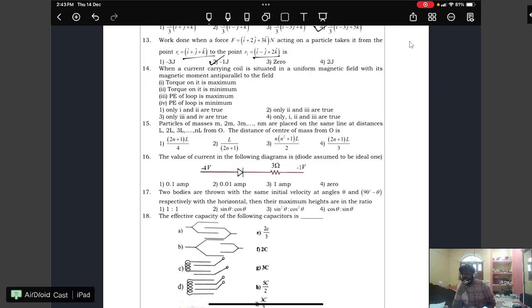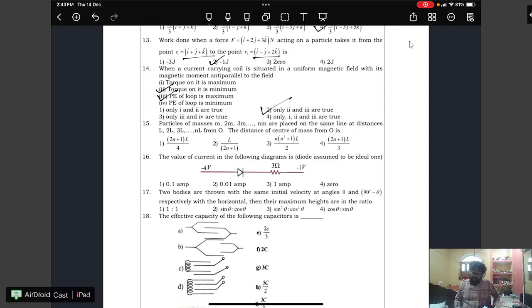For magnetostatics we will say minus M B cos theta. Potential energy minus M B cos 180 degree, which is minus 1, so potential energy will be maximum, M B. And torque is M B sin theta, sin 180 is 0, so torque will be minimum. So option 2 and option 3 are correct.